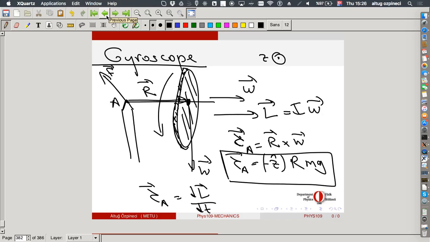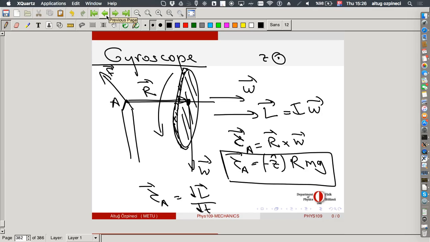We could have done the same treatment by taking our reference point somewhere over here, let's say at the center of mass. Then the torque relative to the center of mass would not be due to the weight, but will be due to this force over here.